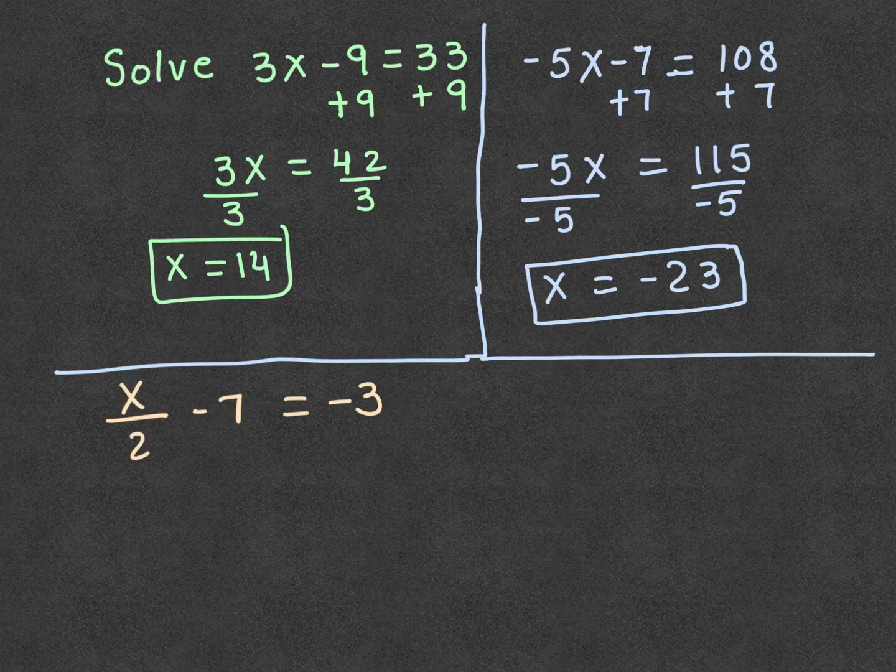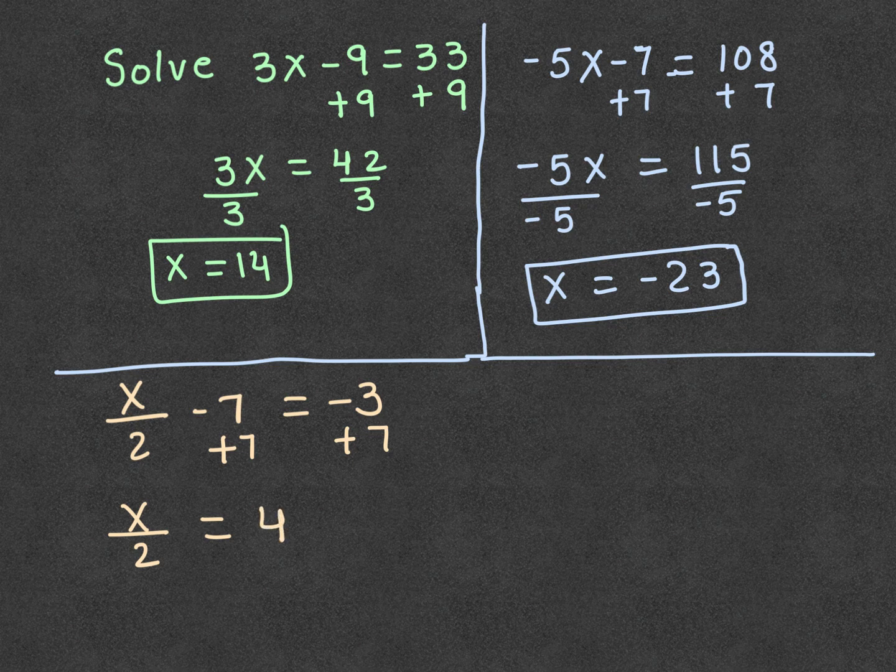Next question is x divided by 2 minus 7 equal to negative 3. Again, I want the x term to be isolated, so to remove this negative 7 I'm adding 7 on both sides, as the opposite operation for subtraction is adding. I get x over 2 equal to 7 minus 3, that's 4.